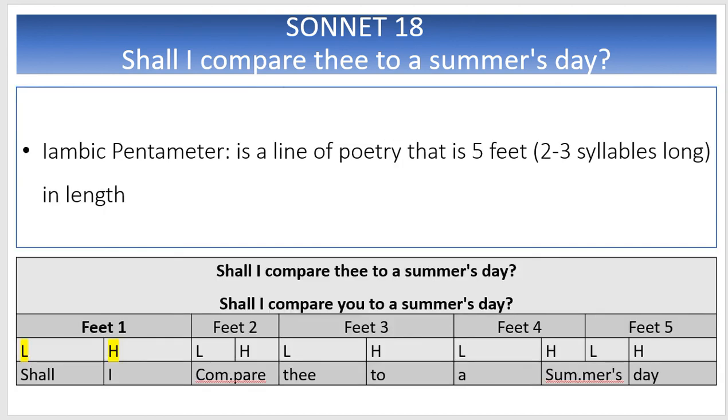William Shakespeare, while writing poetry, was following the iambic pentameter, which means in each line of verse we have 5 feet, and each foot is divided into 2 or 3 syllables.